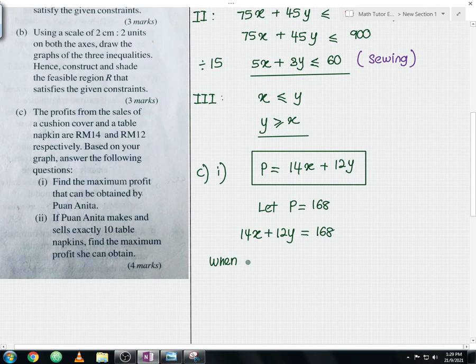When x equals 0, you get y equals 14. Continue to find the x-intercept. When y equals 0, you get x equals 12. You get these two points, so you can plot the graph now. Let me open the graph paper now.